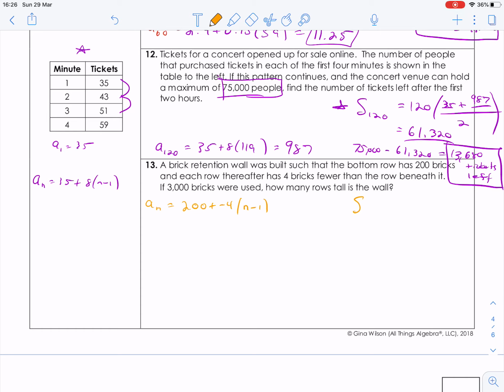So say, for example, we had S of something. We don't know. That's going to equal how many rows we use times the first, that's 200, plus the last term, which we don't know either, all over 2, but we do know S of n. We do know how many bricks are going to be used. So we know that 3,000 bricks are going to be used. So that is going to be 3,000 equals n times 200 plus the last term.